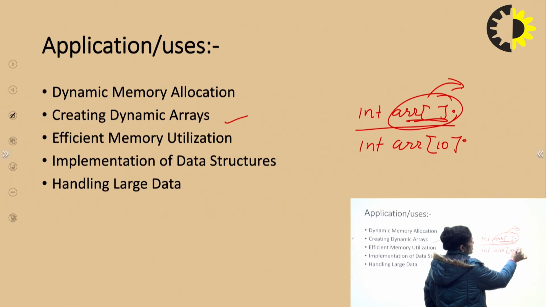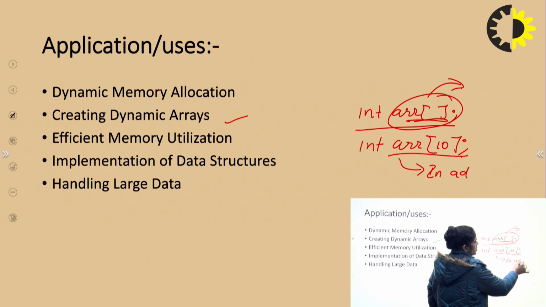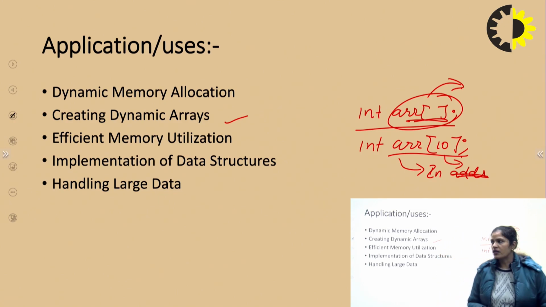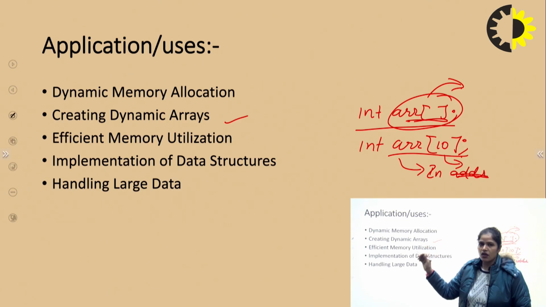We have to mention the size of the array in advance, right? This particular scenario is fulfilled by the dynamic memory allocation function, basically by using the malloc function.